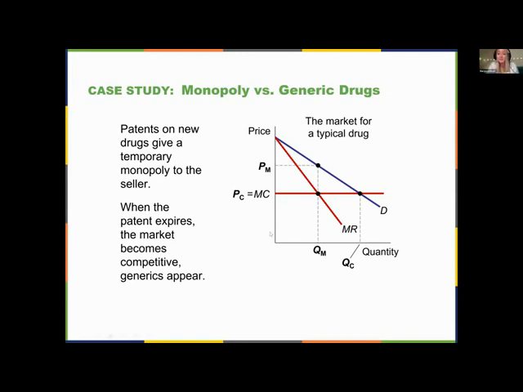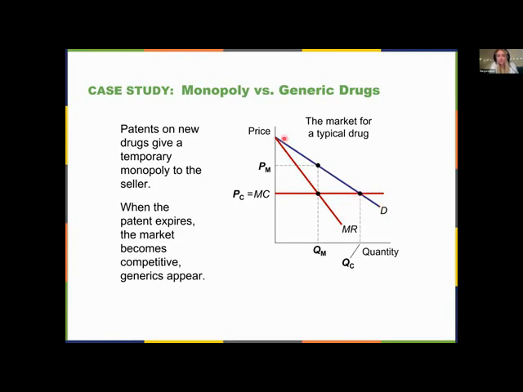If we were to find the profit maximizing price and quantity for a perfectly competitive firm, we see that the marginal revenue for a perfectly competitive firm is its demand curve, remember. So this is the marginal revenue for a monopoly. Marginal revenue for a perfectly competitive firm is exactly equal to the demand curve.